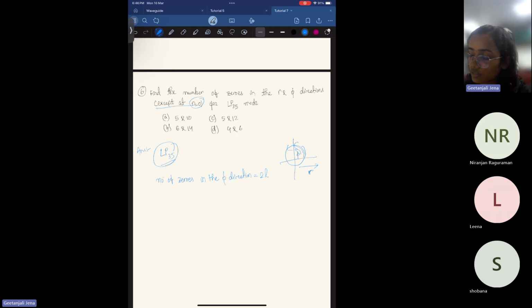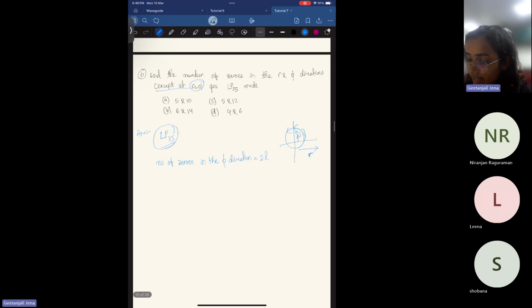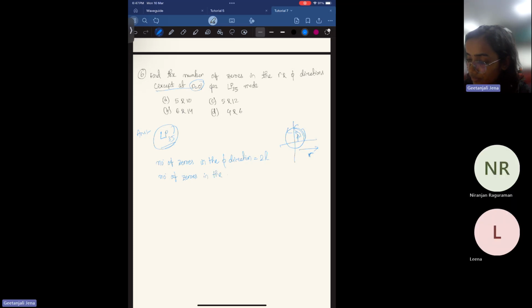L is already given. And for the r direction, the number of zeros is equal to m minus 1, other than the r equal to 0 point.